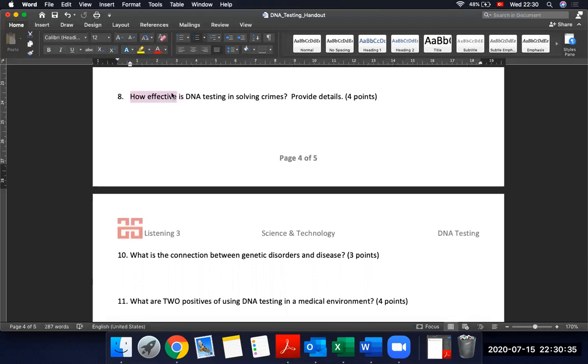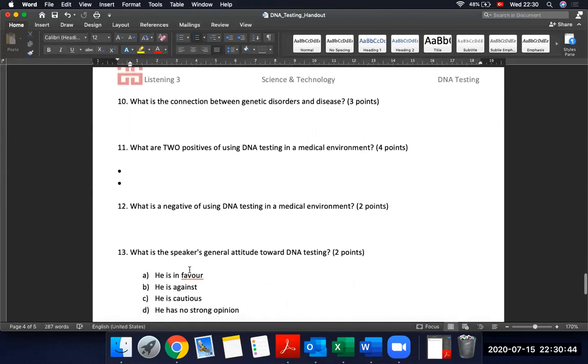So, what is the effectiveness of DNA testing in solving crimes? What is the connection between genetic disorders and disease? How are they linked to each other? What is the relationship between them?